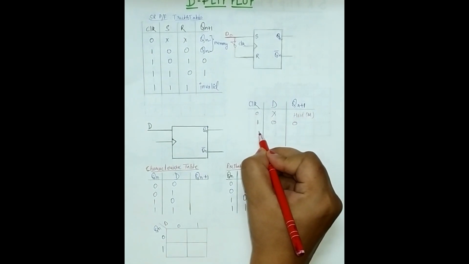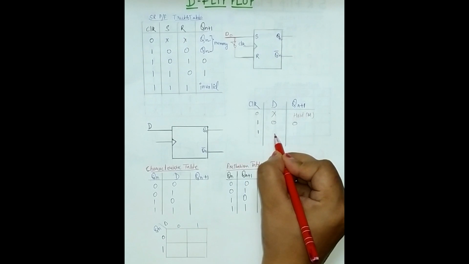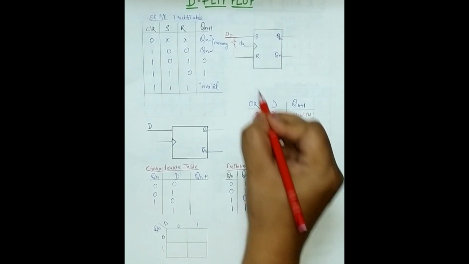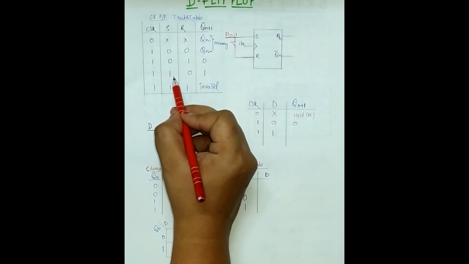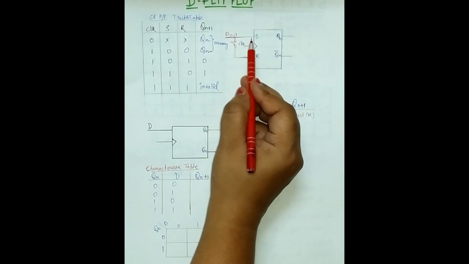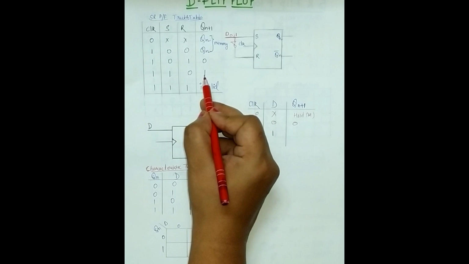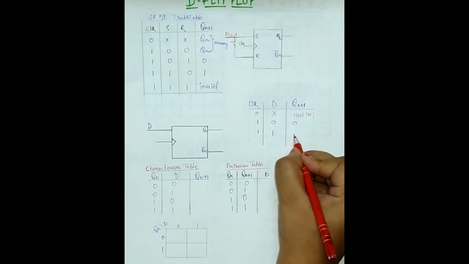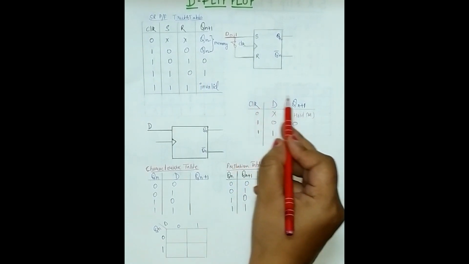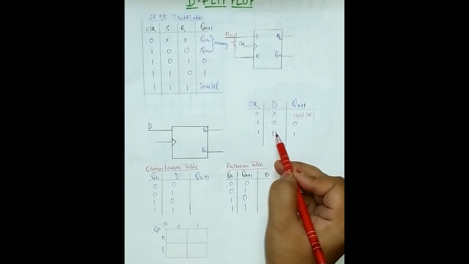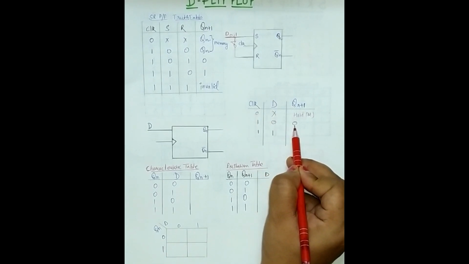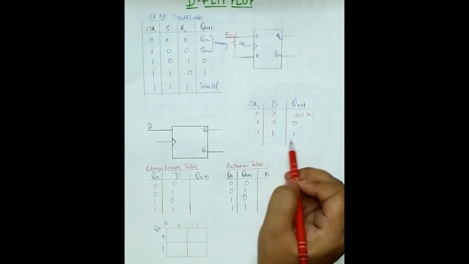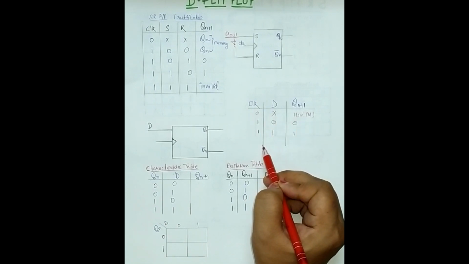Again, when the clock pulse is 1 and D is 1, the inputs are 1 0, and the next state will be 1. So this is a simple truth table. Whatever the value of D, the same is the value of the next state. The truth table is very easy to remember.